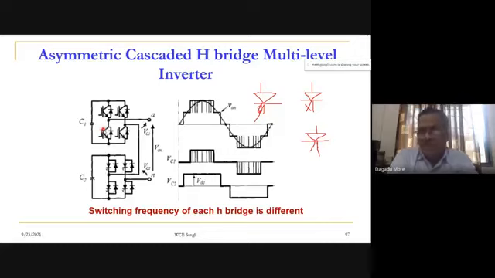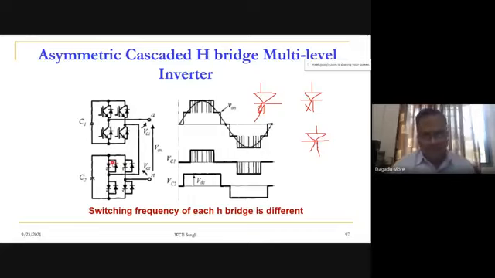We cannot operate these devices in the kilohertz range, maybe 1000 hertz maximum. So GTO switching frequency is less, whereas IGBT can operate in the kilohertz range, 5 kilohertz, 10 kilohertz. These devices are suitable for low frequency applications, but they have higher voltage and higher power ratings available.